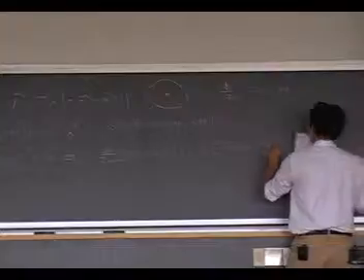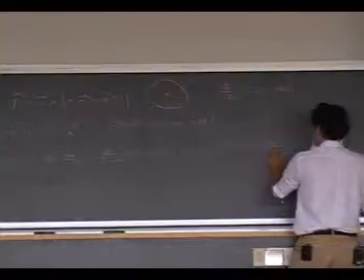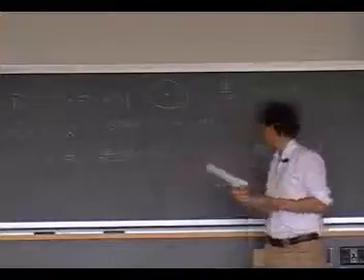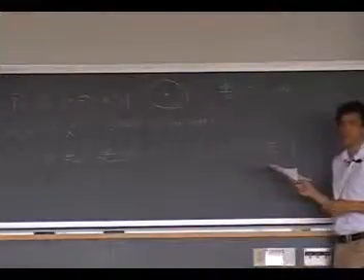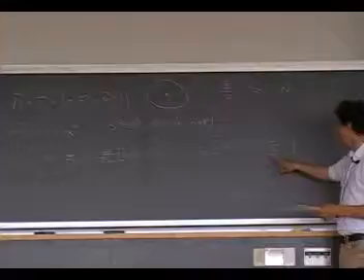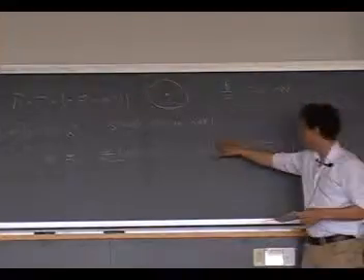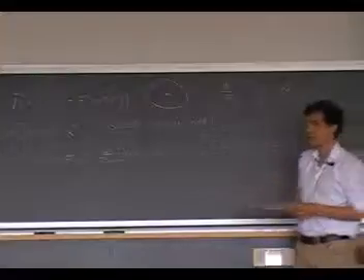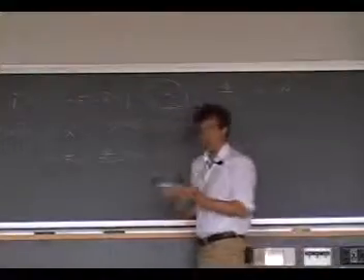This correction vanishes as we allow the number of states on that sphere to be bigger and bigger, which is to say as we increase the number of Dirac flux quanta, which is to say we increase S naught. So in that limit of an infinite sphere, you recover the expression that we had for the planar geometry. Okay.